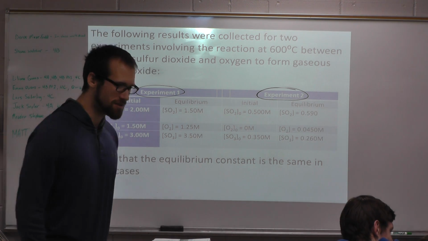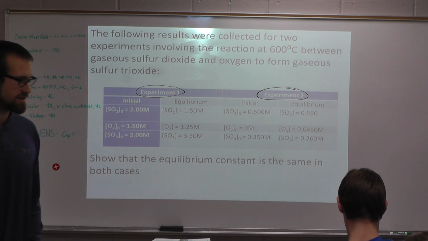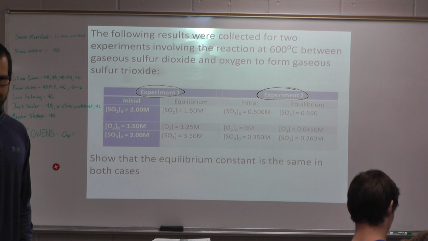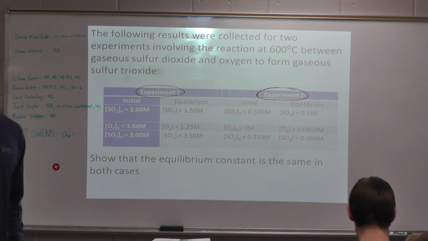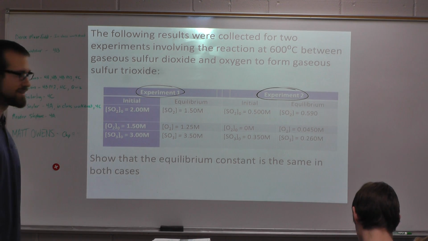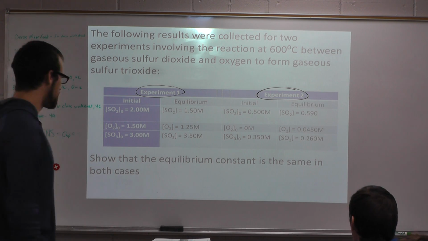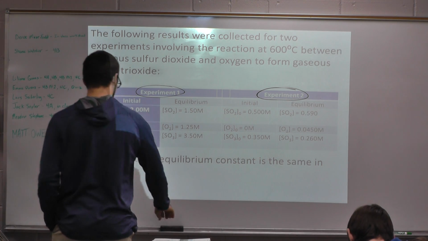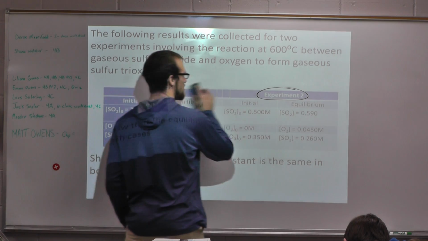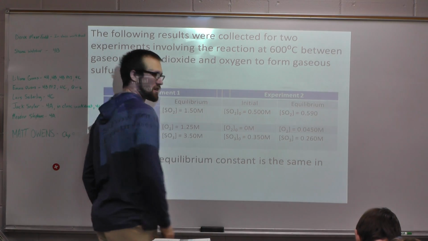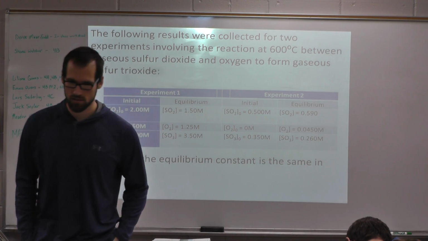Close your books, everybody. Close your books. Oh, the sulfur dioxide. Because you're not going to be able to write the correct equilibrium expression if you don't have the correct balanced chemical equation.